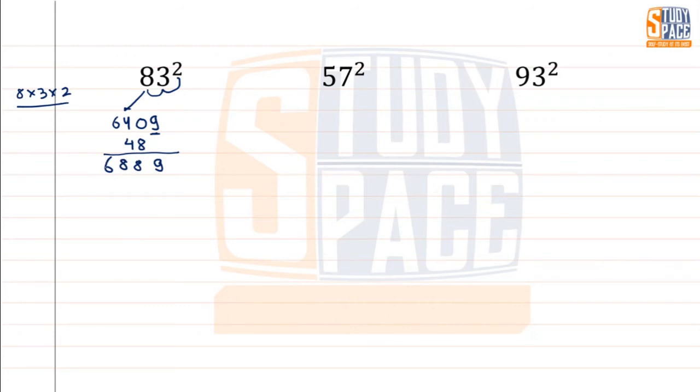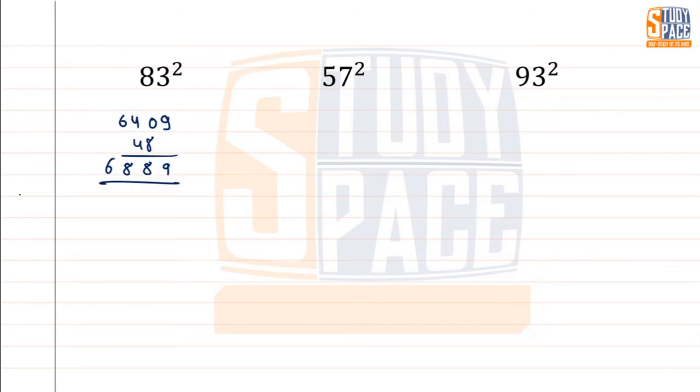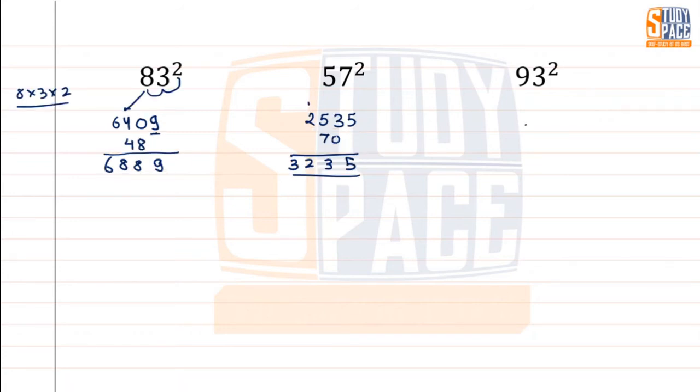Let us move on to 57 square using the same method. So it will be 25, 49 and so 3249 is the square of 57. Likewise, let us try 93 as well.